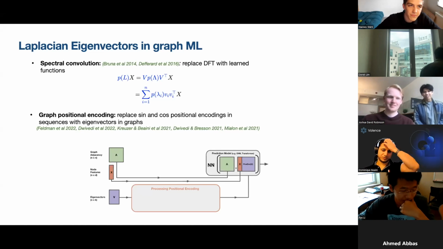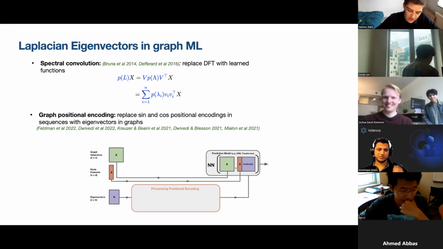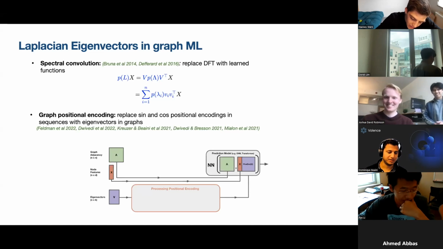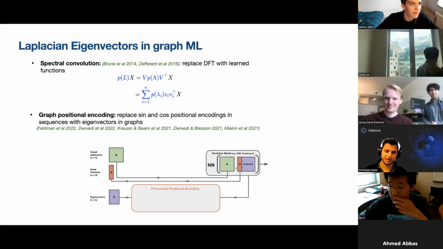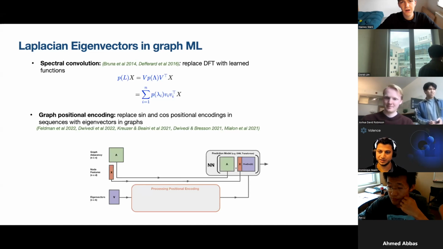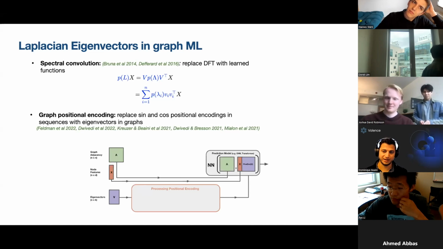I would like to jump in very quickly that in our paper on Sun, we actually proved that using the full set of eigenvalues and eigenvectors, we can distinguish any kind of graph and solve isomorphism. The number of parameters needed to solve this is probably non-linear, so it doesn't mean that a graph transformer solves this linearly.